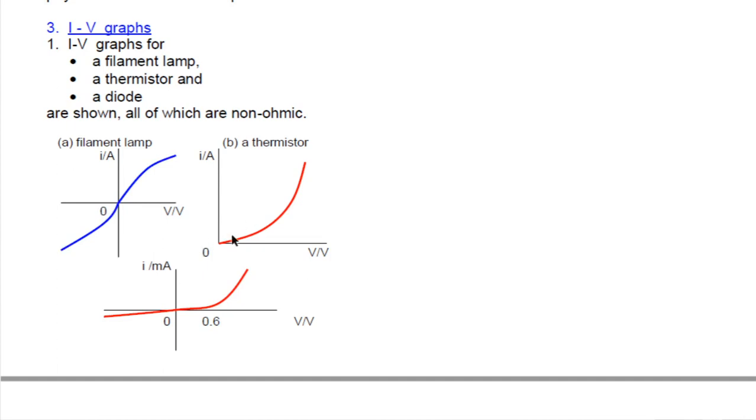The IV characteristic of a thermistor curves inwards like this, and that of a semiconductor diode curves pretty much the same as that, but then it gives a sharp rise at a certain value of voltage, and does not conduct in the negative bias.